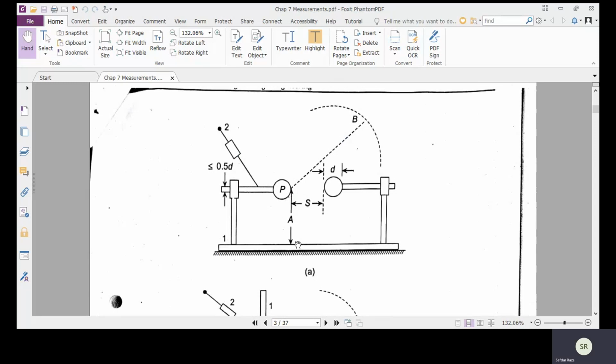These conditions need to be met: the sphere gap is free from external electric field and surfaces which might otherwise distort the field between the spheres.